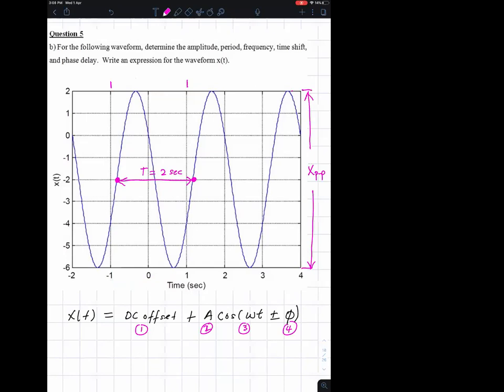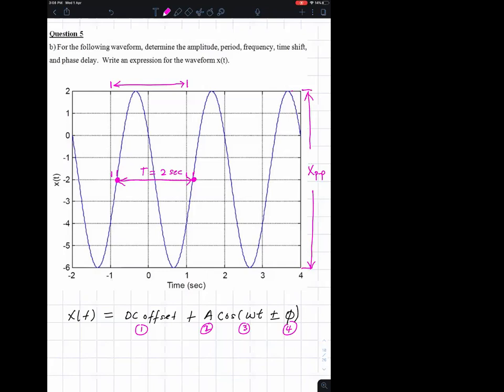And then there's a slight shift to the right, so they are about 2 seconds, I can tell.